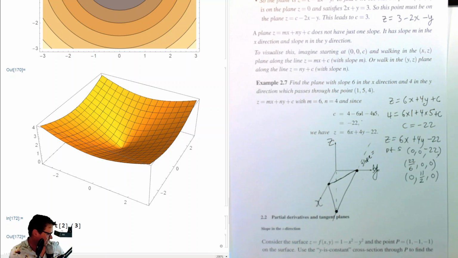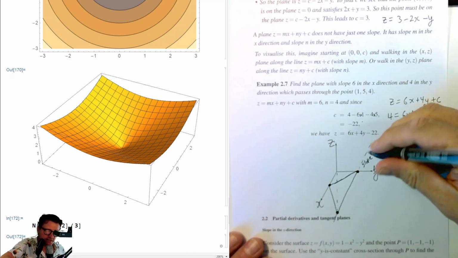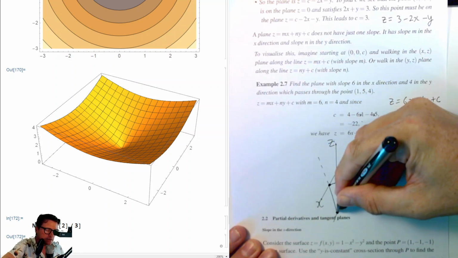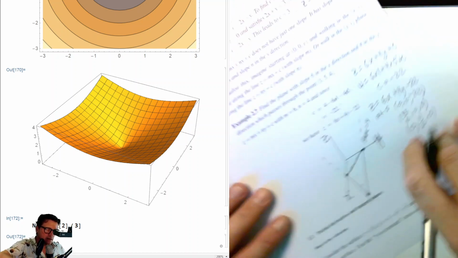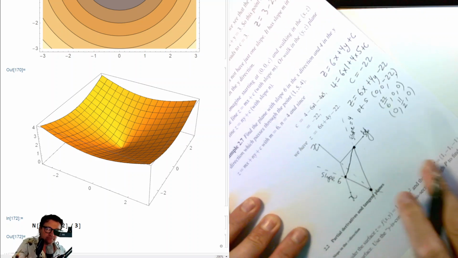So delta z over delta y is n. And n in this case was the coefficient of y, and the coefficient of y here is 4. So this is slope 4. Okay, but if we do the same thing with this, this line has slope 6.